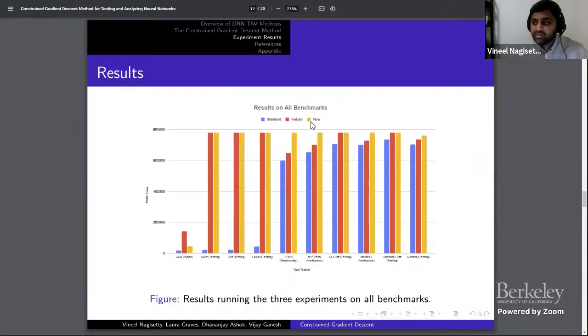And the flow adversarial example, currently as it stands, cannot really be encoded in the reachability and verification tools, and they're not able to be used directly in the other gradient-based tools. Whereas in the constraint gradient descent, by design, they're able to be used. And so we see some fairly great results here.